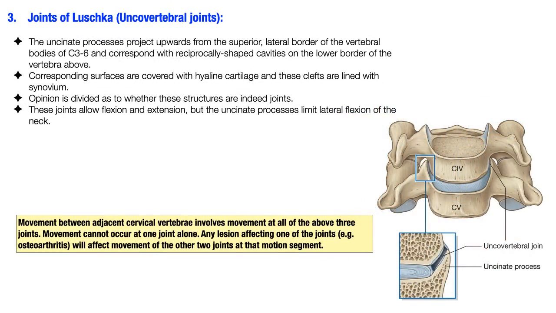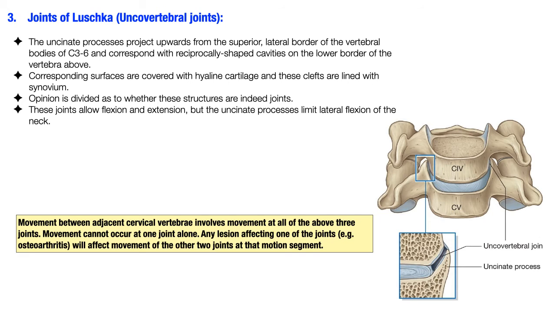And finally, we have special joints at this level called the joints of Luschka, or also uncovertebral joints. And these happen between the lateral superior border of C3 to C6. These are synovial joints, although not everyone agrees that they are real joints.